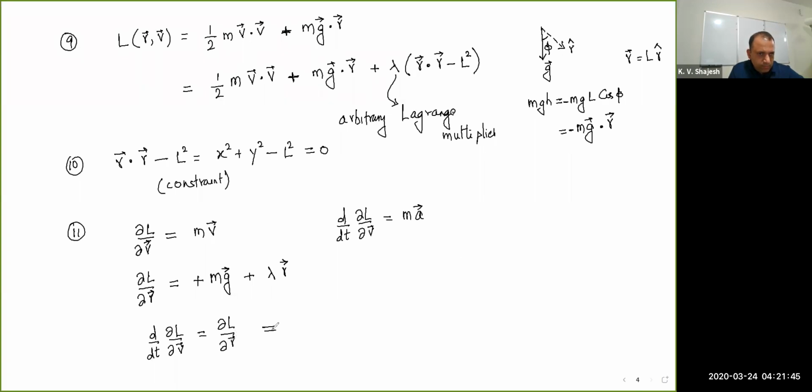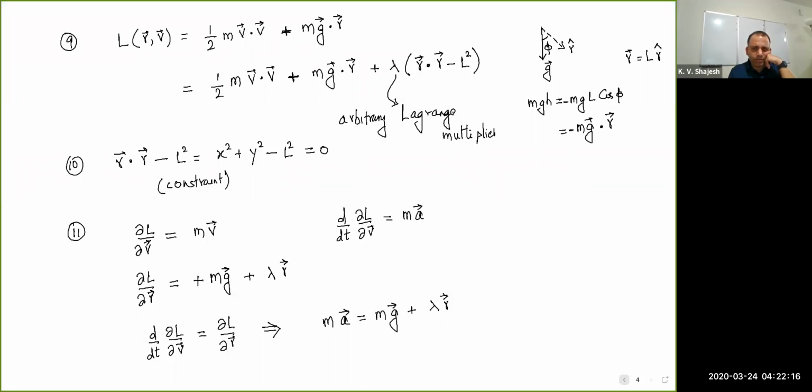This implies the Euler-Lagrange equation tells us that mass times acceleration is equal to mg plus lambda times vector r. Okay. That's what we learn from the formalism of Lagrange multipliers.